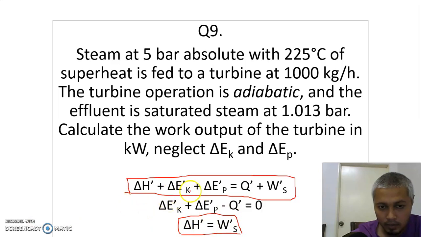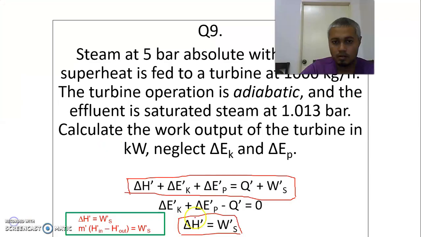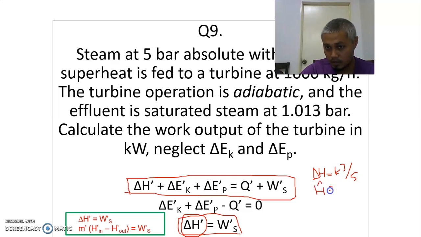The unit for change in enthalpy is kilojoule per second, but what we get from the steam table is specific enthalpy, which is kilojoule per kg.